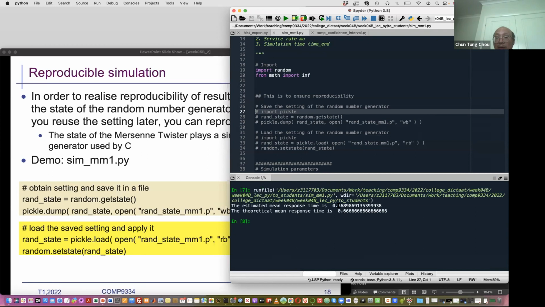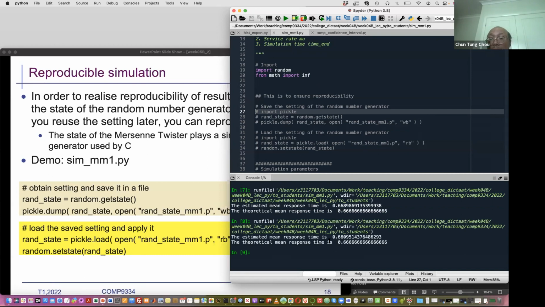You see the random number here, this is using a new set of random numbers, 0.668. Then for the mean response time output, if I run again, I get different results, 0.660. Now, I'm going to uncomment these 3 lines.